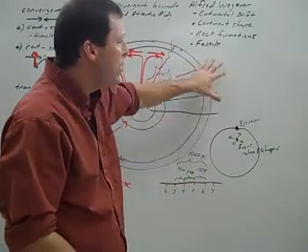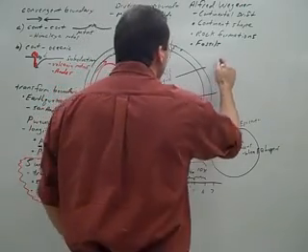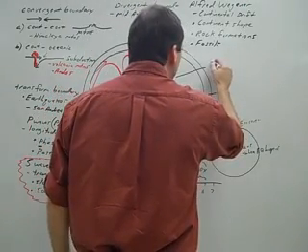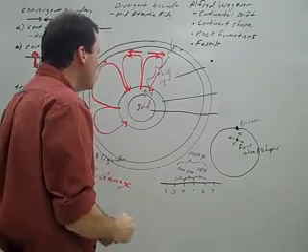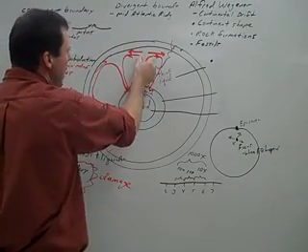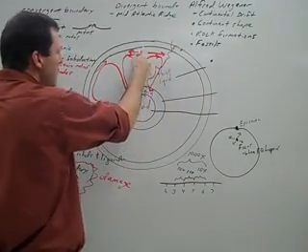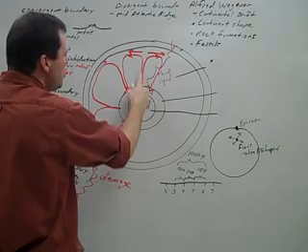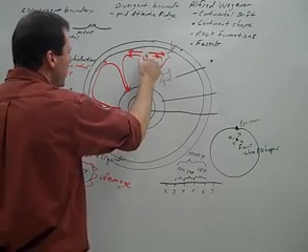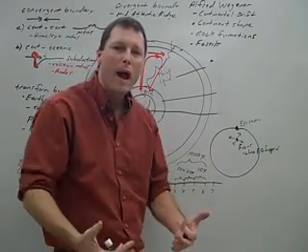Now, later on, we found more information to support this. Some of the other information we found was that if we look where the seafloor is spreading, right here, where we have a divergent boundary, the mid-Atlantic ridge, notice new rock is being formed right here. That is new, young rock.